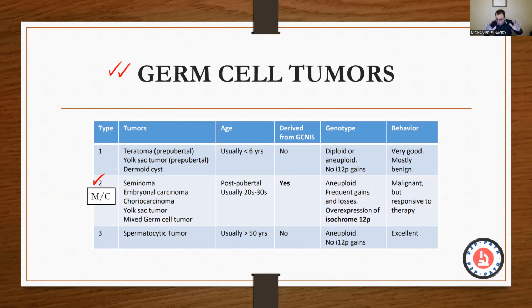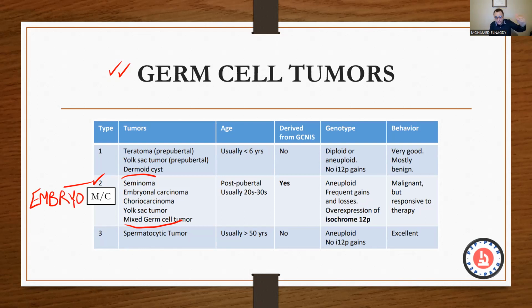These include all the famous entities that we're all familiar with, like the seminoma, embryonal carcinoma, choriocarcinoma, yolk sac tumor, and mixed germ cell tumor. These are the ones that we used to remember from the formation of the embryo, if you remember.